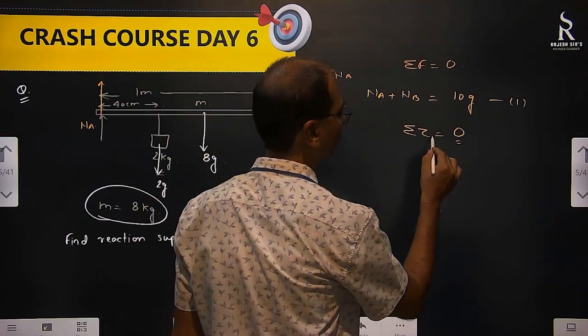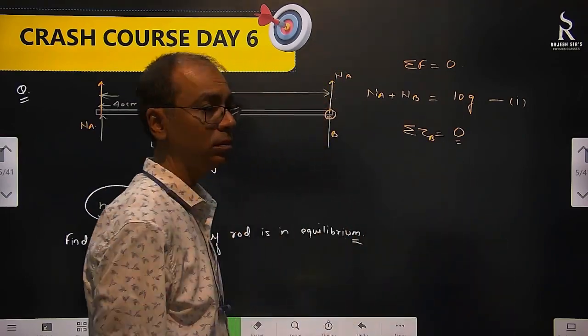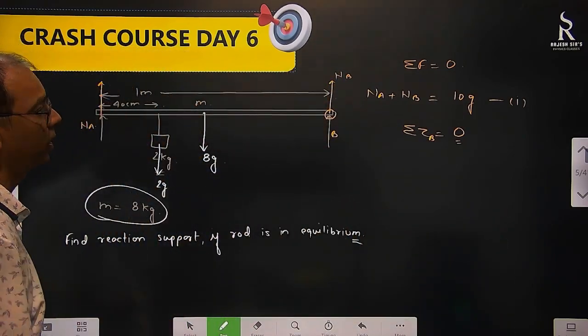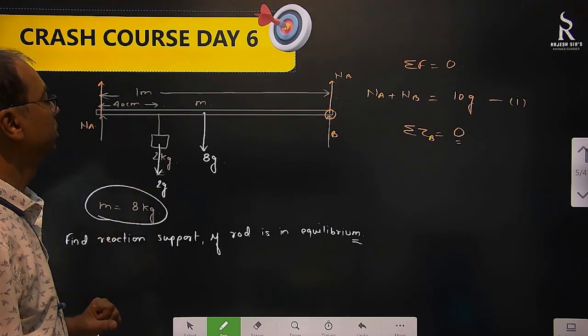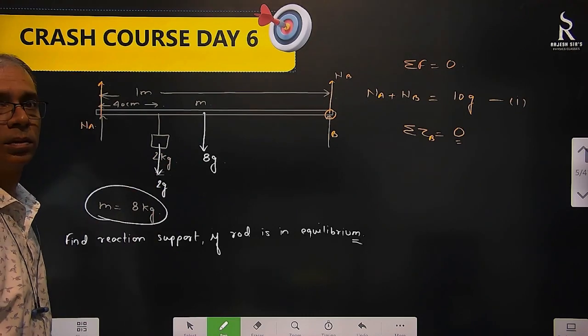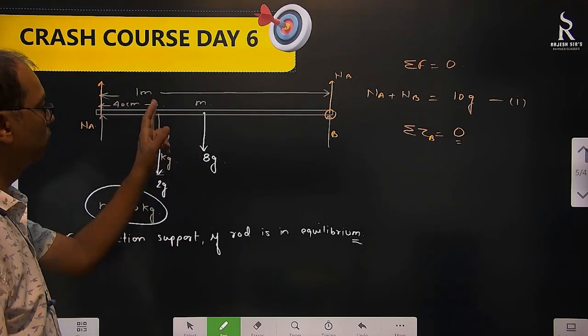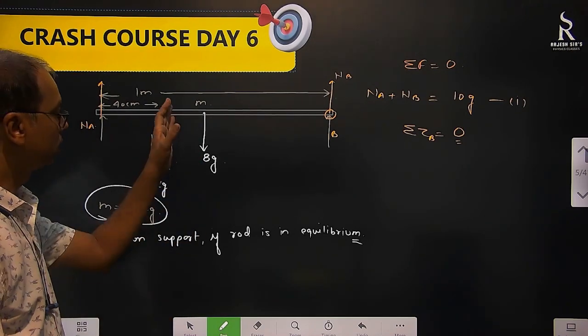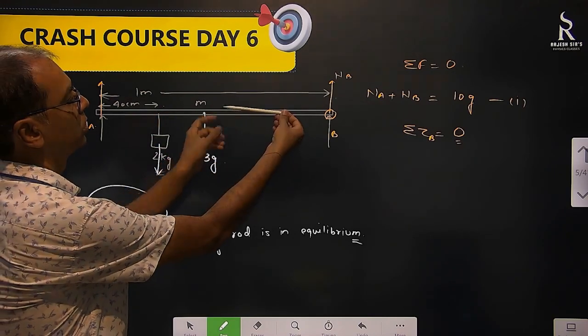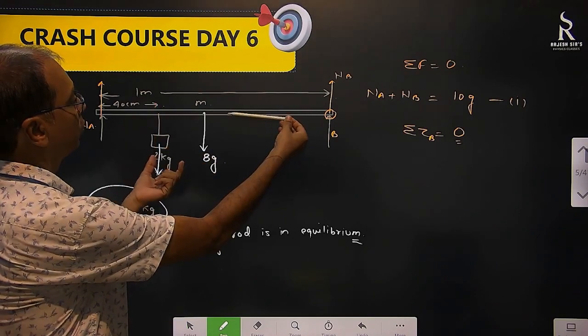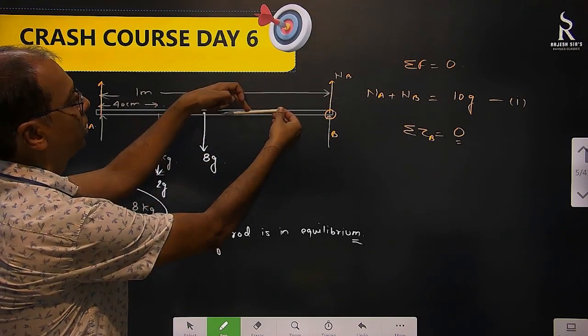So I am putting B here. Now, what are the forces applying torque at point B? 8g is applying, 2g is applying, and NA is applying. These two are applying torque so that these points can go down. Suppose this is a pen. These two forces are applying force downwards. So this should be going where? Down.